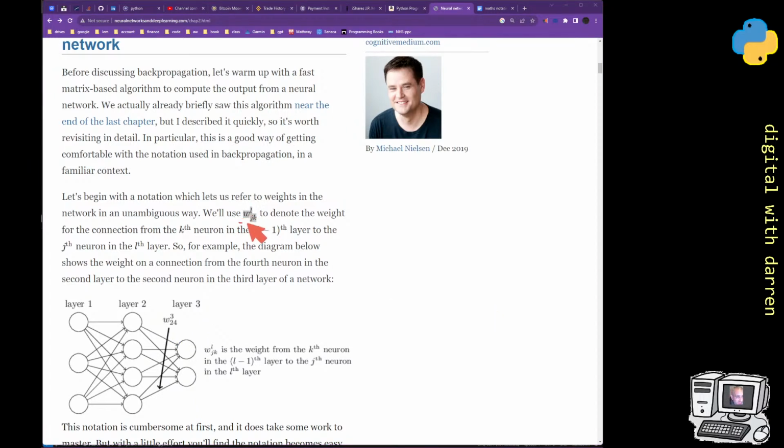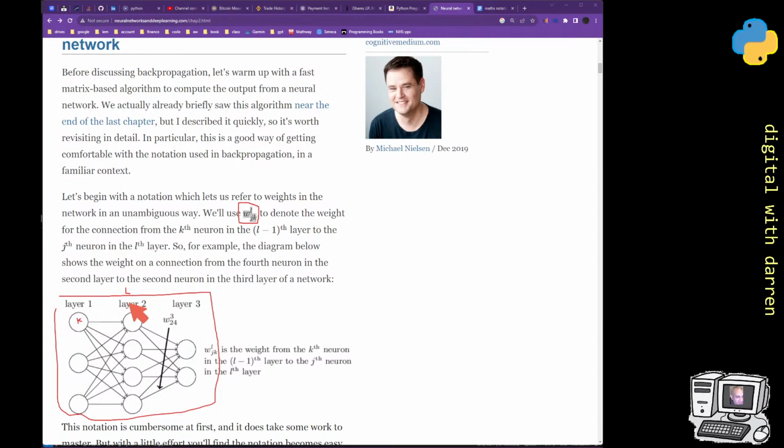So this W, L, J, K, this whole complex looking thing, what that actually means relative to this picture over here, in terms of the omegas being the weightings, but it's the weighting for the kth neuron in the layer L minus 1.